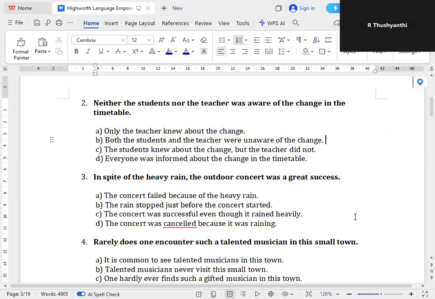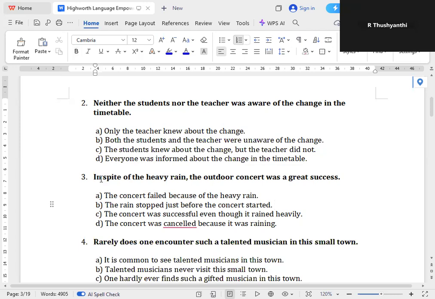Third sentence says, in spite of the heavy rain, the outdoor concert was a great success. In spite of the heavy rain means despite the heavy rain, though it was heavily raining, the outdoor concert was a great success.